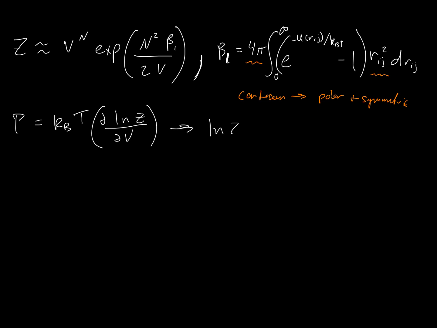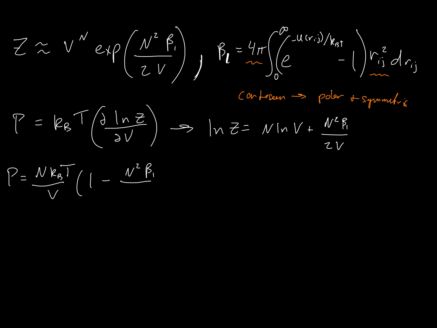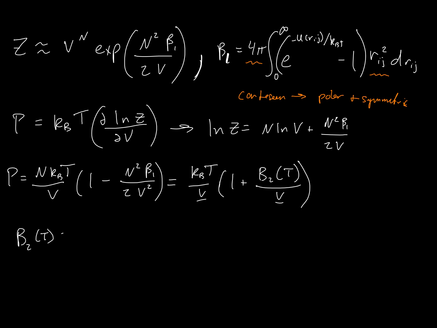So if we calculate the natural log of Z, the configuration integral, getting ourselves ready to calculate the pressure, we get the Virial equation of state.